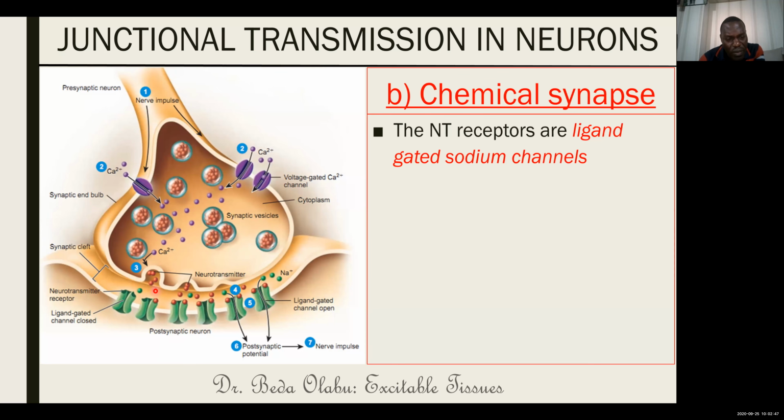This chemical, which has been released here, can be uptaken, not important for neurotransmission, can be reuptaken, not important for neurotransmission, can undergo enzymatic degradation, again not important, but also it can bind to its receptors on the postsynaptic neuron. The binding of the neurotransmitter on the postsynaptic neuron is the one that is important for neurotransmission.